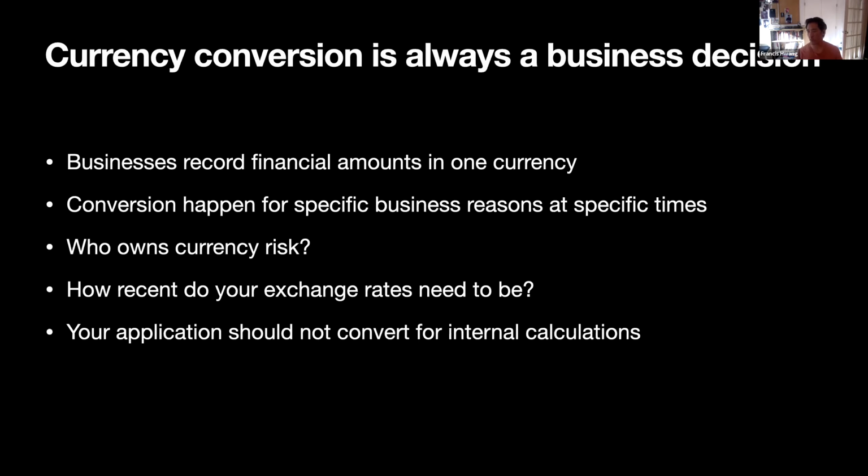Conversion happens for specific business reasons at specific times. There's really no good reason for it to be automatic just to make a computer programmer's life easier. A lot of the questions about when conversion happens and how it's done are business questions. Who owns currency risk?